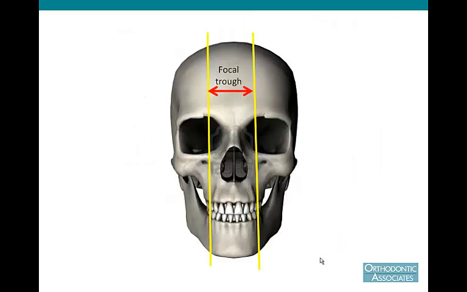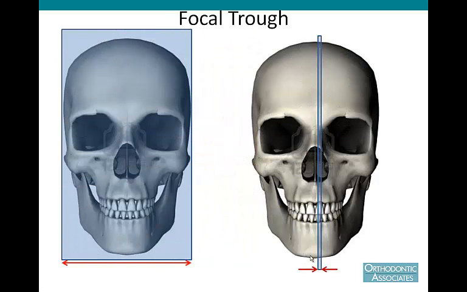With cone beam CT, we're able to adjust the focal trough, or the thickness of the slice, to eliminate the superimpositions of structures, so we get a clearer view of how much bone support that tooth has. If you take a look at the diagram on the left, that is about the focal trough of a traditional cephalometric x-ray.